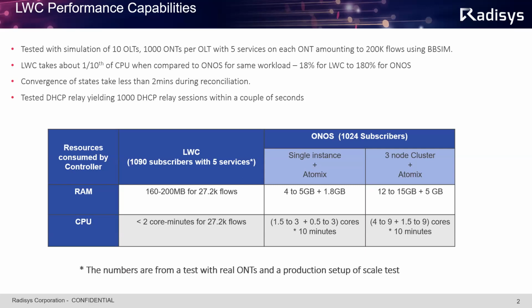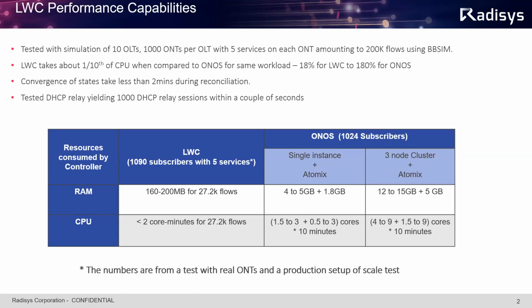Yeah, and just for my own curiosity here, it's a one-to-one mapping between LWC instance and the Voltha stack, right? That is correct. You don't have multiple stacks going to the same LWC. It is one-to-one. You're right, Ken. But then that one Voltha stack can control multiple OLTs, right? Mm-hmm. Yeah. Okay.